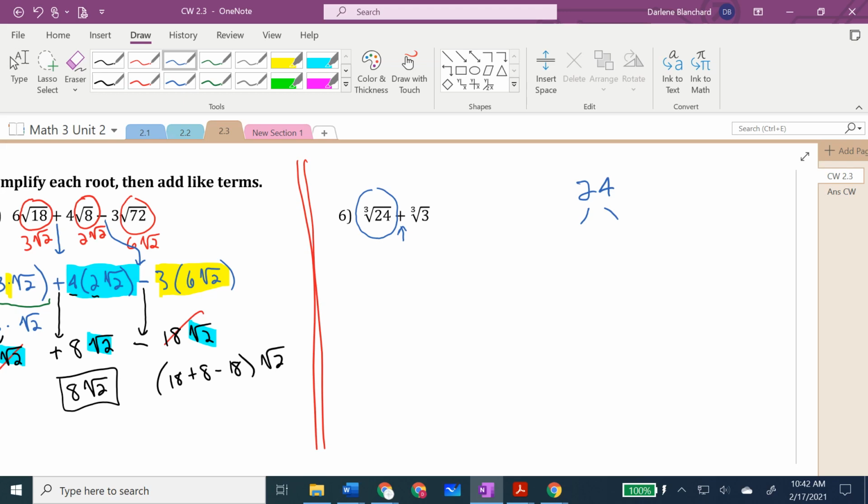So 24, maybe what you think is 6 times 4. 6 is 3 times 2, 4 is 2 times 2. If it's cube root, you're looking for 3 of the same number.